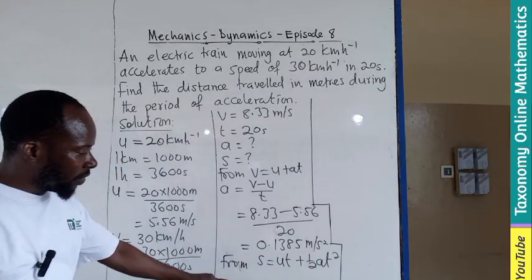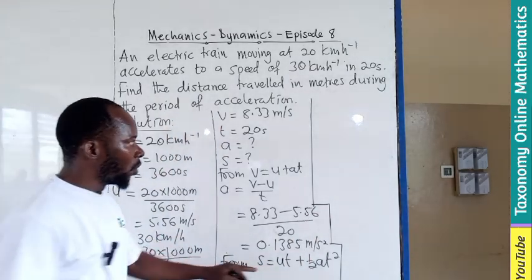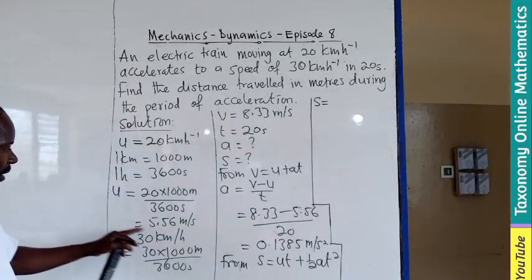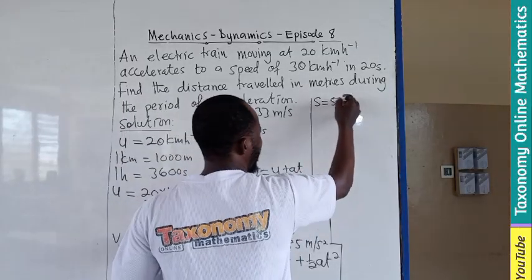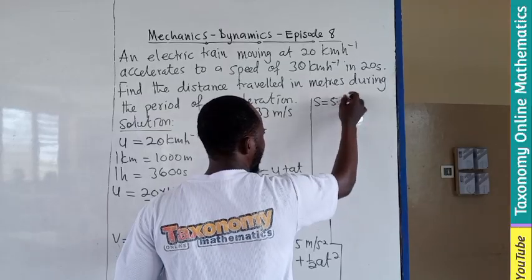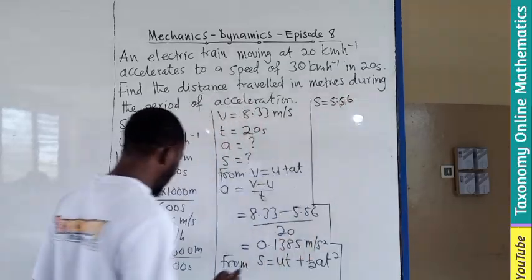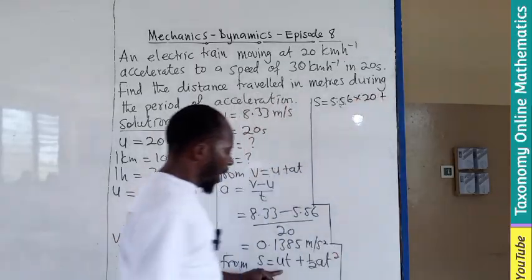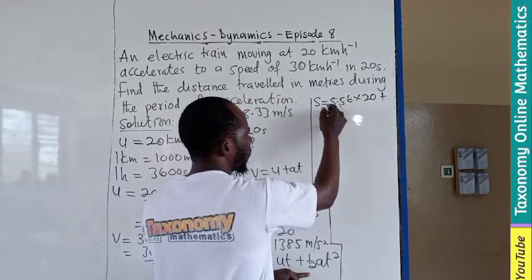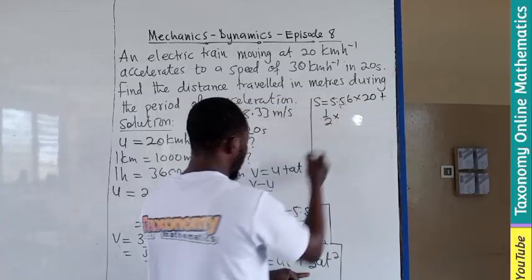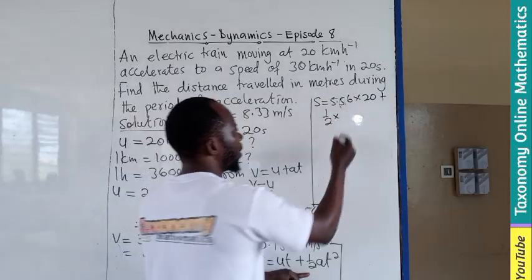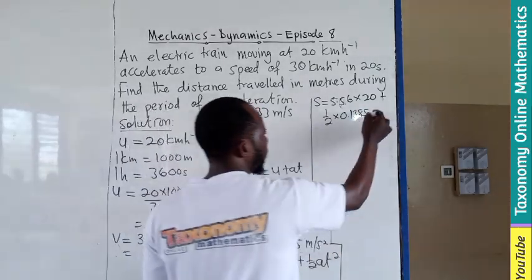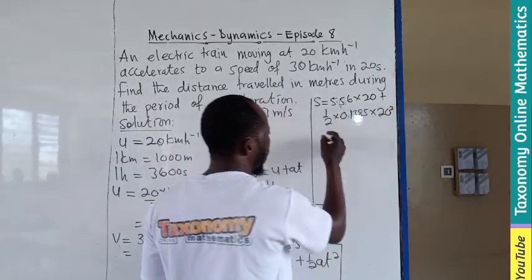So if I'm going to do this, I am doing substitution. Your S will be equal to initial velocity, which is 5.6, multiplied by time, which is 20, plus half of the acceleration, which we have to be 0.1385, times the time, all squared.